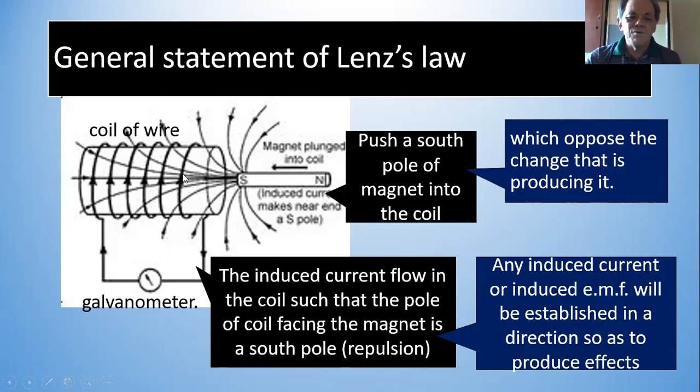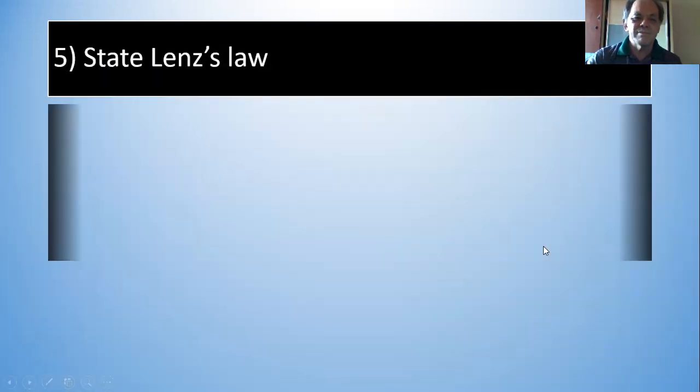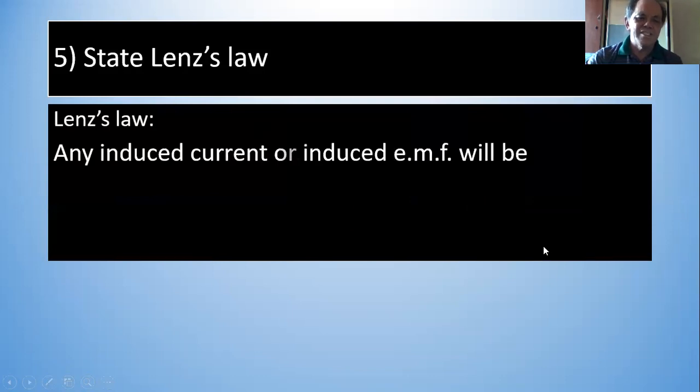It will flow in such a way that it will cause an effect which opposes the change producing it. That means the current will flow to oppose the change. This is the one changing it. Current flows to oppose this change. So that is the general statement of Lenz's law. Memorize, no choice.